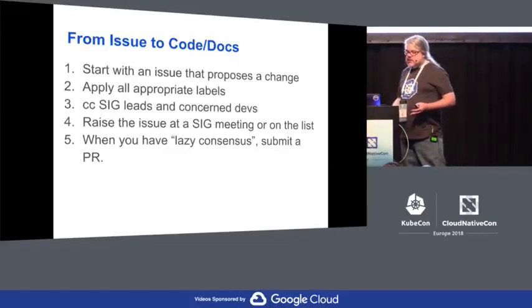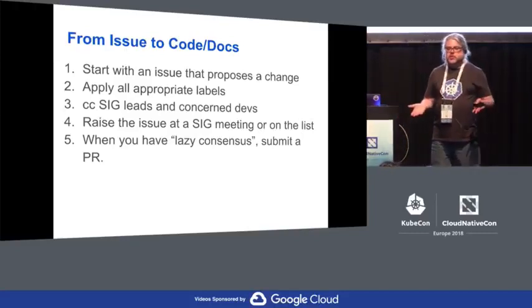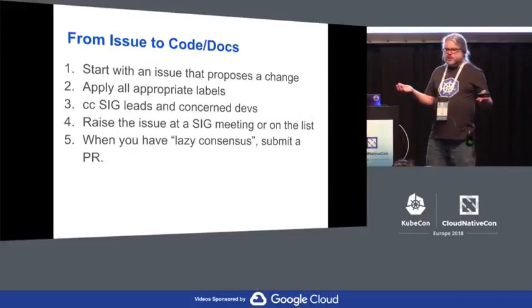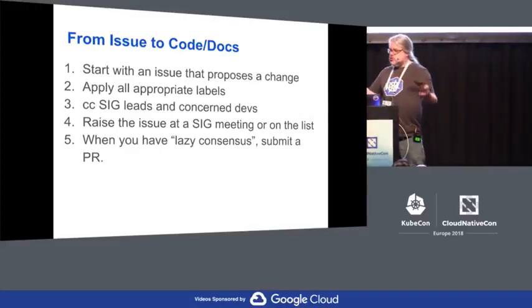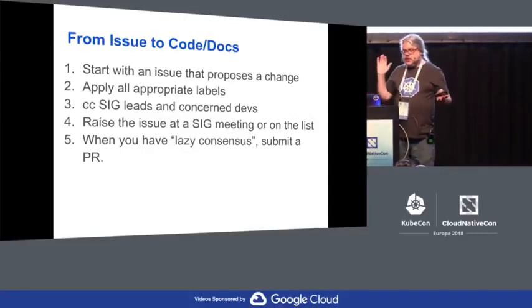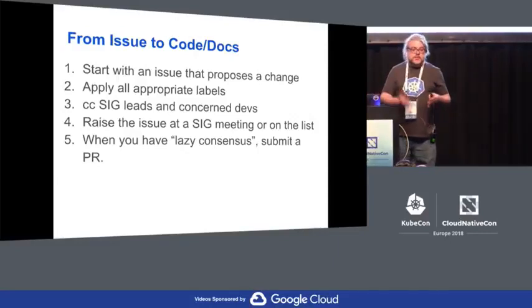Now, the way that this works here generally is you start with an issue, you write the issue, and you submit the issue that proposes a change. However, we have something like 100 new issues a day opened against Kubernetes, something like that. So that's not enough. So start the issue, compose the issue, apply appropriate labels, CC on the issue any SIG leads or concerned developers that you happen to know about.